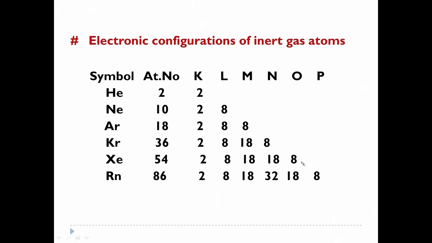The outer electrons are always 8 except for helium, and the inner could be 18, 18, 18 and 32. So, this is a very fundamental electronic configuration of the atoms, which we all know.